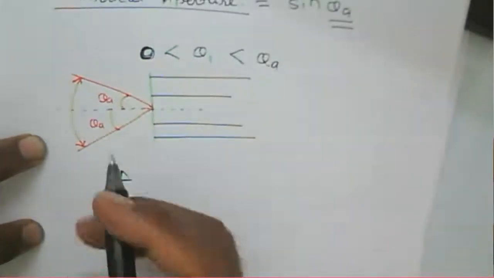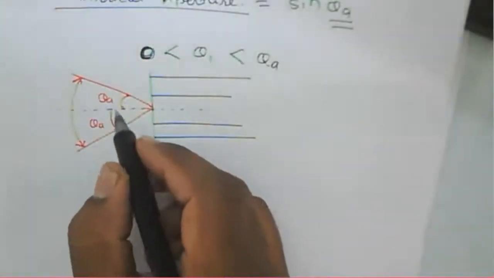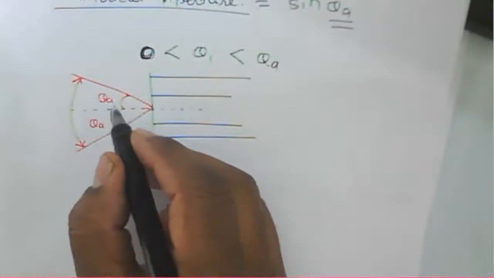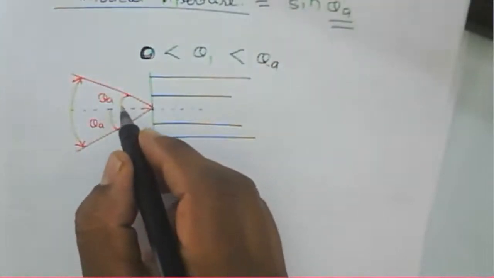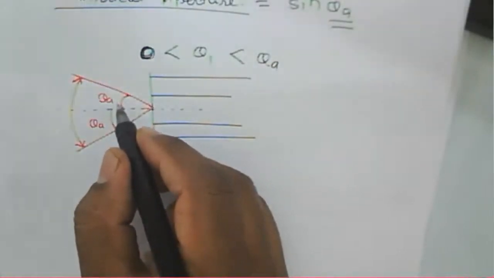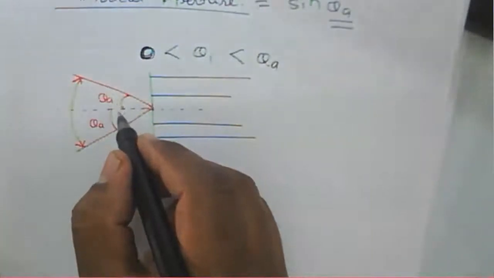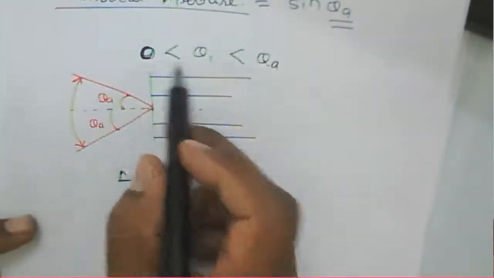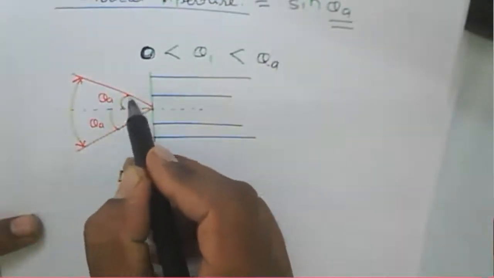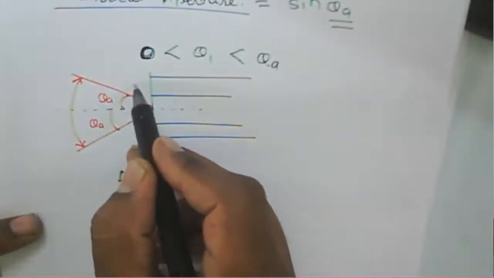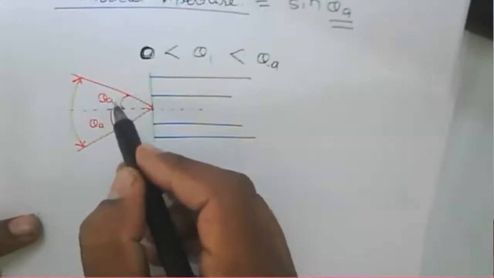So we can rewrite the numerical aperture in terms of the relative refractive index difference between the core and cladding.